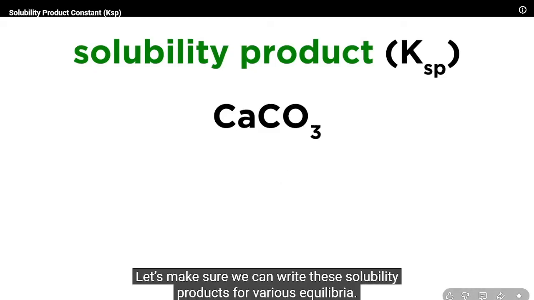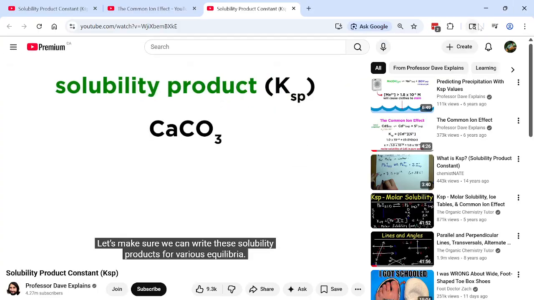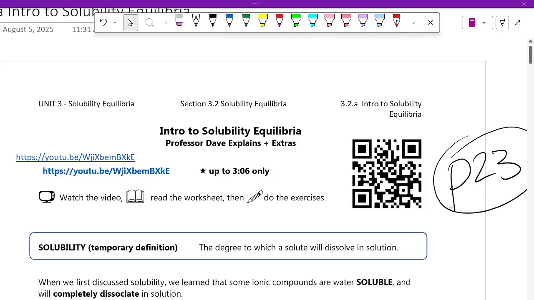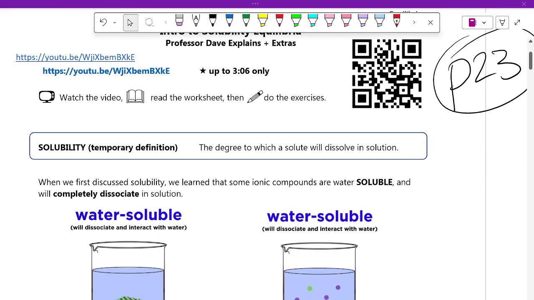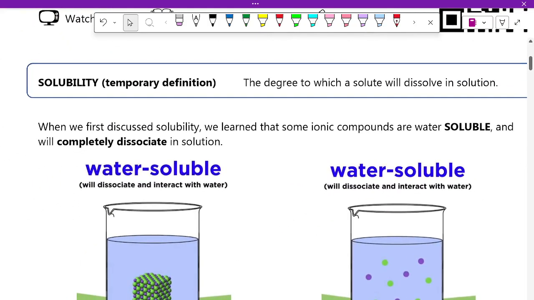Okay, so I think what we're going to do at this point is he's kind of introduced the concept to us. We are going to fill in page 1 with anything we need to. So we have things that are water soluble. If we put something that is water soluble into water, it dissolves completely.